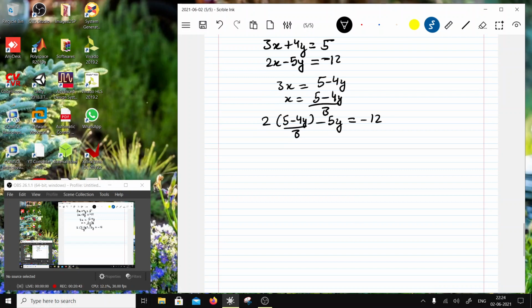So then this would be equal to 10 by 3 minus 8 by 3 y minus 5y is equal to minus 12, correct?